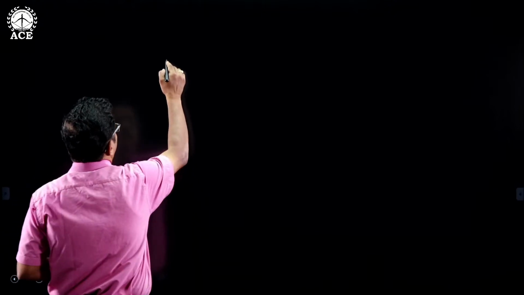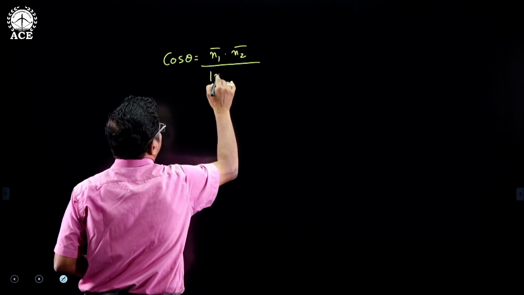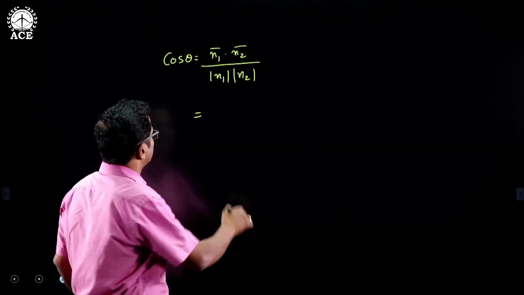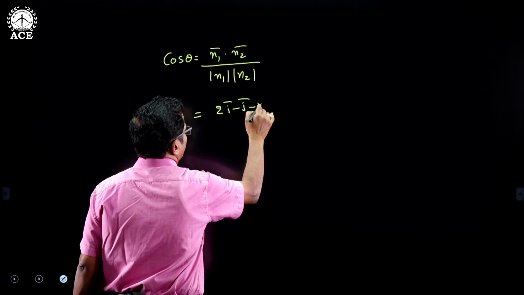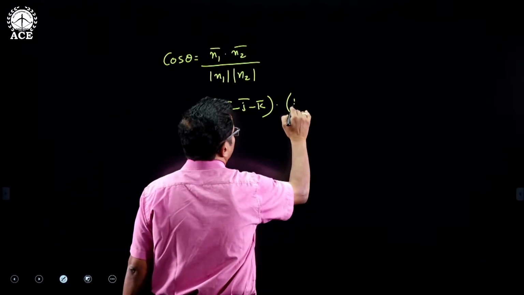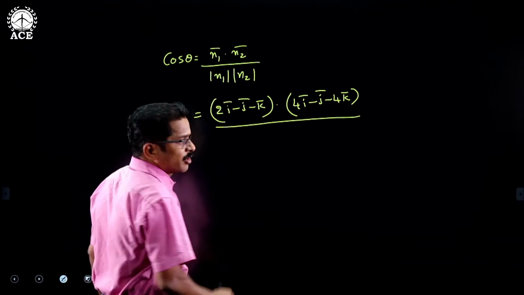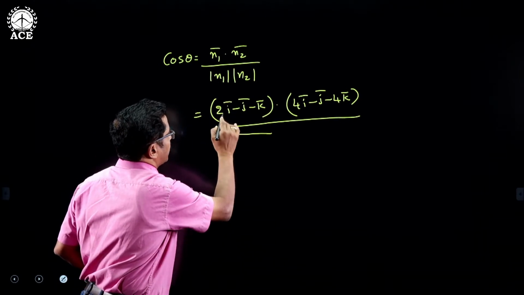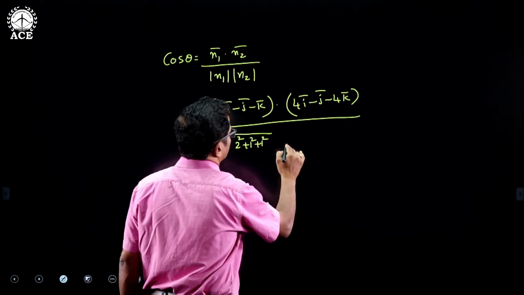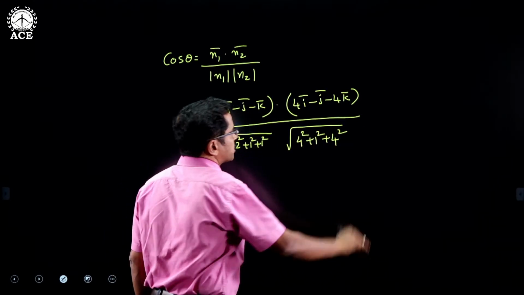Now, cos theta formula: cos theta equals n1 bar dot n2 bar by modulus of n1 into modulus of n2, which is equals to 2 i bar minus j bar minus k bar dot 4 i bar minus j bar minus 4 k bar, by modulus of n1 bar, which means root of 2 square plus 1 square plus 1 square, that is root 6, into modulus of n2 bar, which is root of 4 square plus 1 square plus 4 square.